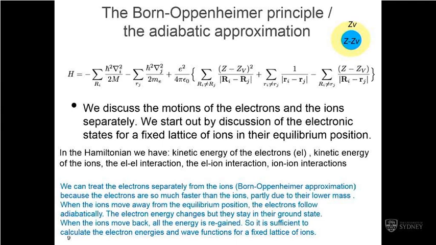As I mentioned before, we use the Born-Oppenheimer approximation, which means we treat the electrons separately from the ions, because the electrons are so much faster, partially due to their lower mass. So that's basically the Born-Oppenheimer approximation. So we're not going to deal with the ion cores.